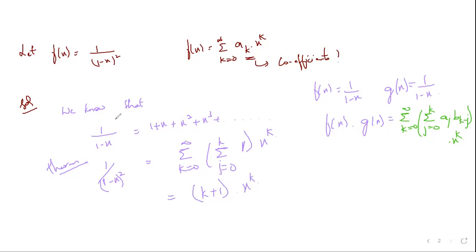Even if you try to do it manually by taking a few terms, then you will get the same. So x power 0 will have the coefficient 1, x will have the coefficient 2, and so on. So in this way, we can solve this problem.